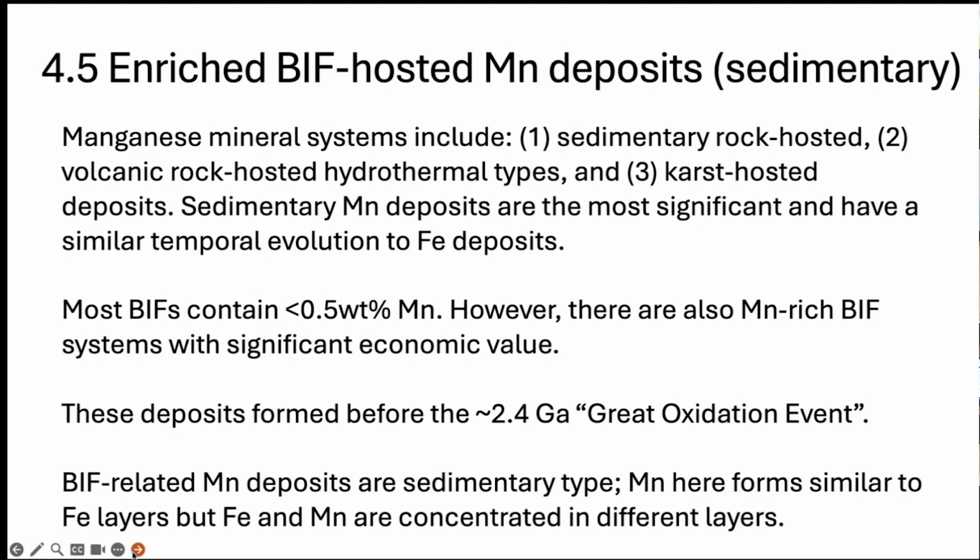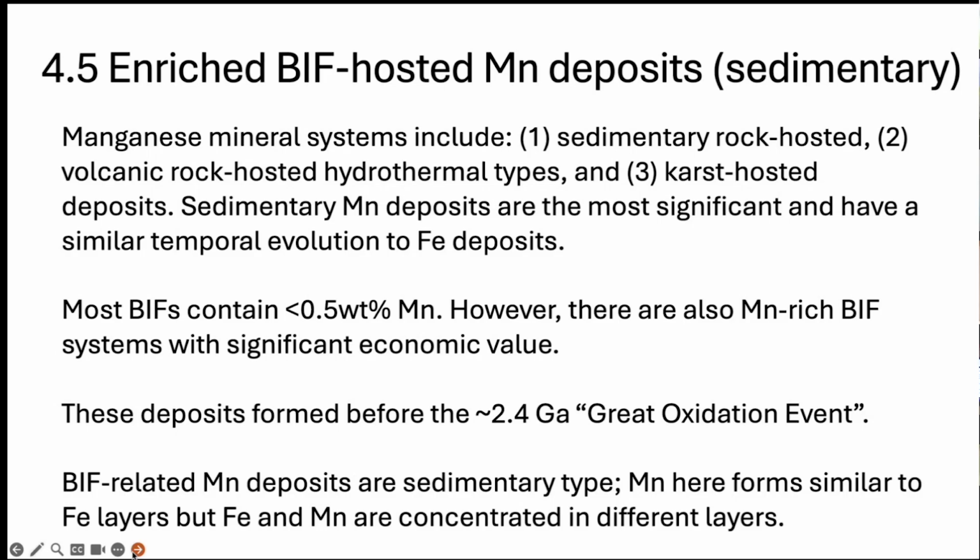All right. Now we're going to move on to something that is an awful lot like where we started with the BIFs. This is the enriched BIF-hosted manganese deposits. Manganese mineral systems include sedimentary rocks, volcanic rock hosted hydrothermal types, and karst hosted deposits. The sedimentary manganese deposits are the most significant.